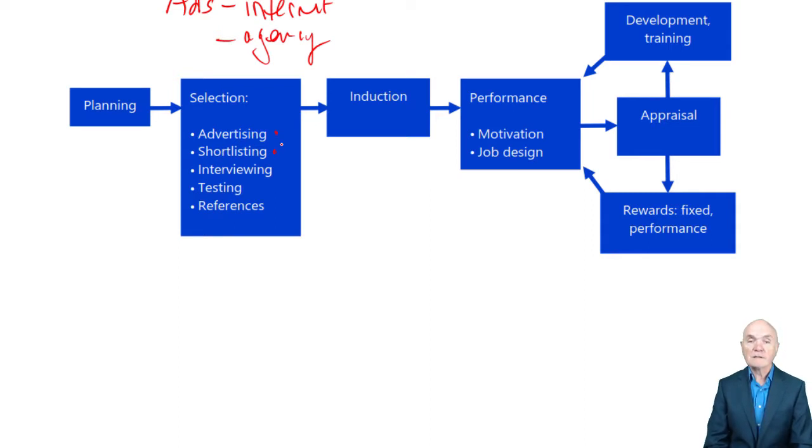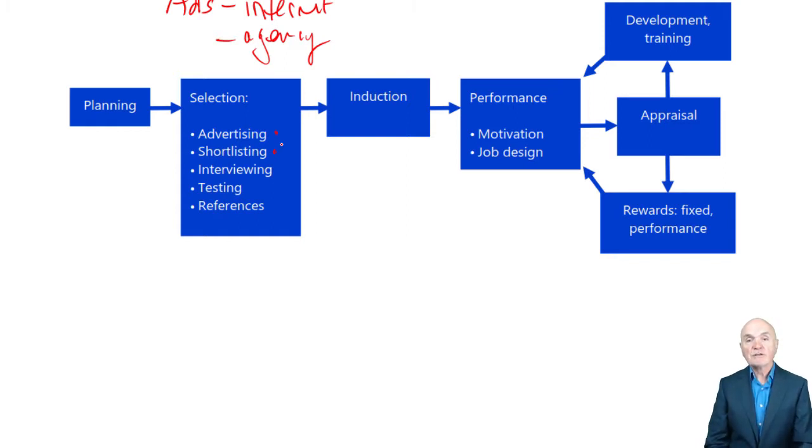And then references. Usually after you have chosen the person, after you have given them an offer and they have said yes, then you will take up references with their previous employer.